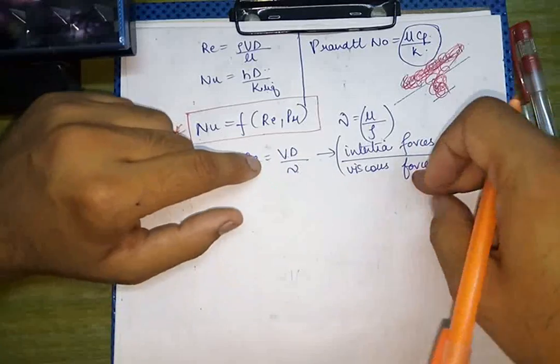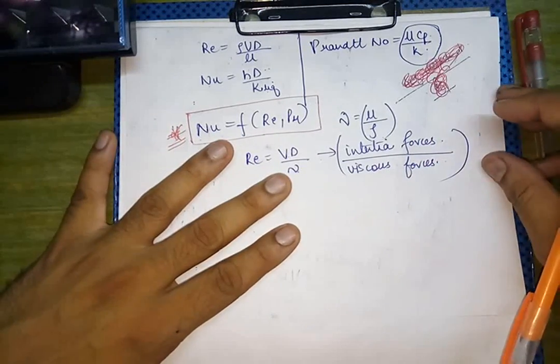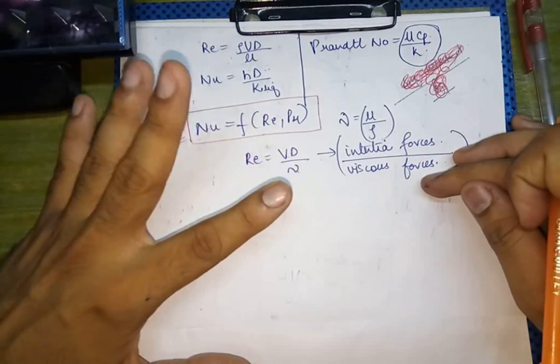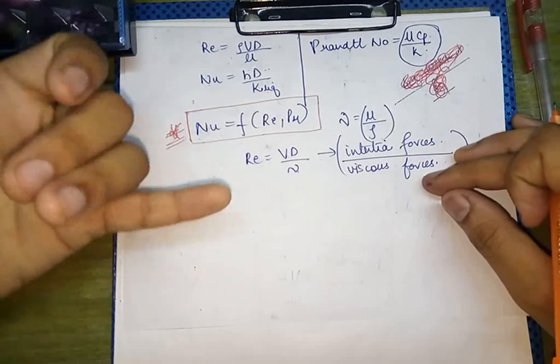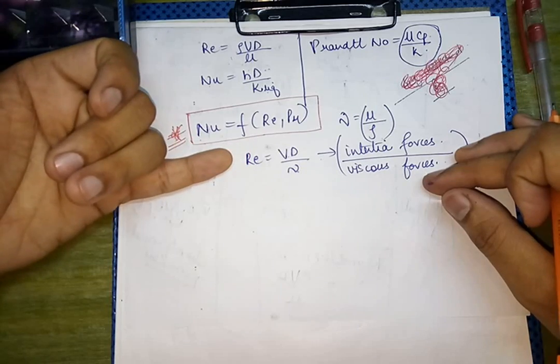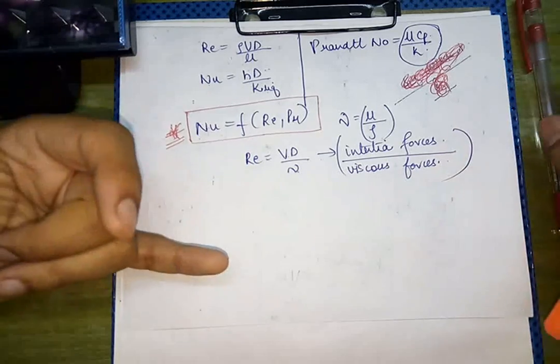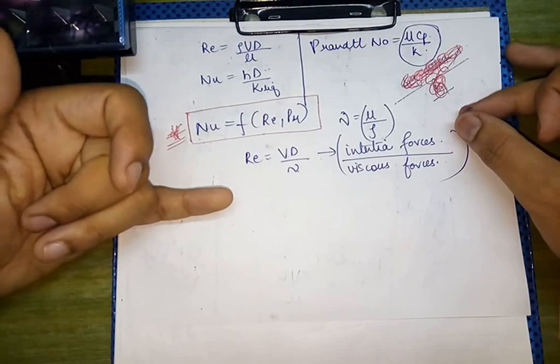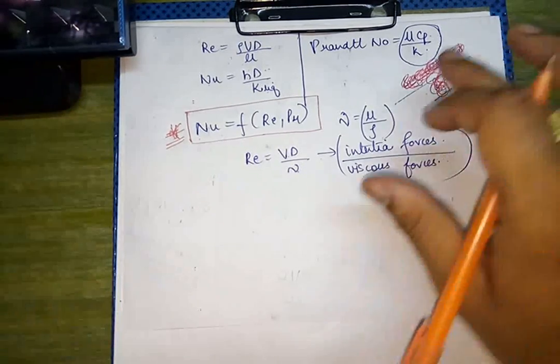This question has also been asked in GATE: the ratio of the inertia forces to the viscous forces is called, and the answer is the Reynolds number. GATE asks very simple questions, but you have to be very thorough with the data.